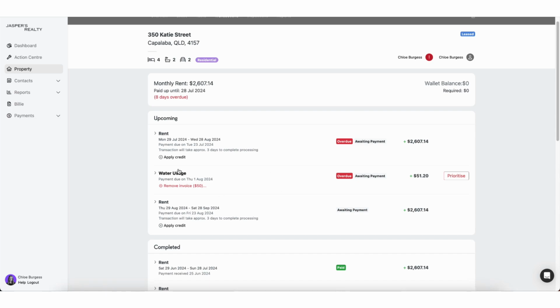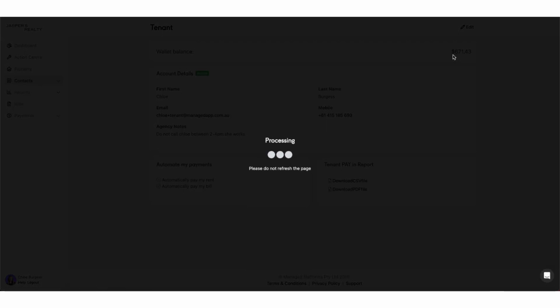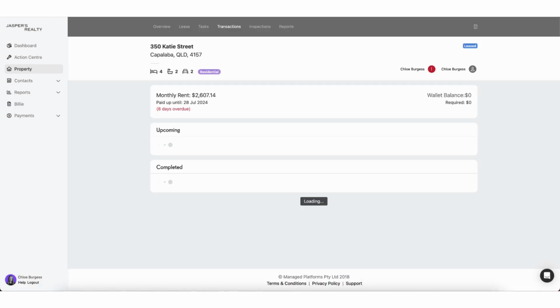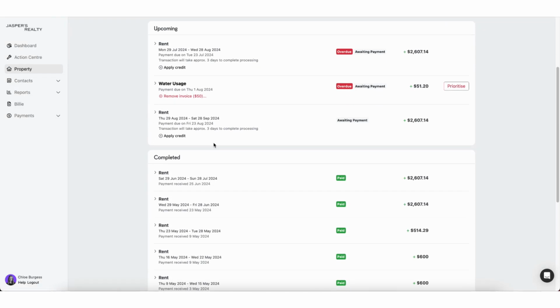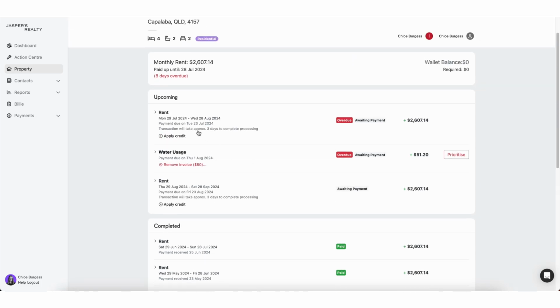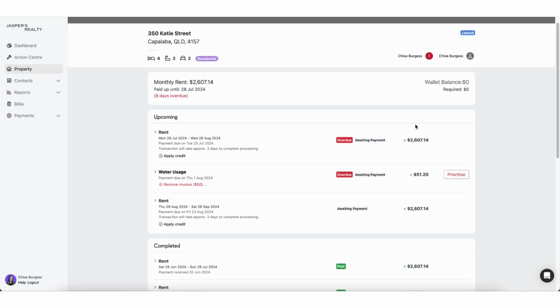They also have a water usage bill, which is overdue as well. If I wanted to, I could go and prioritize that payment because the tenant has some money in her wallet. As soon as the rent comes in, that's overdue, the system will automatically allocate the funds and do what it needs to disperse that to the owner.